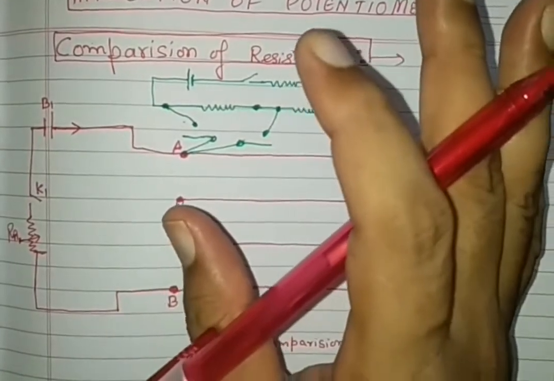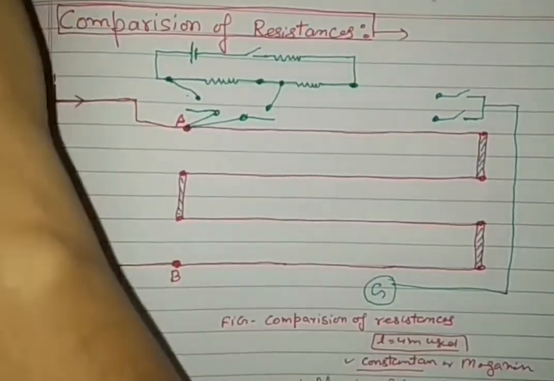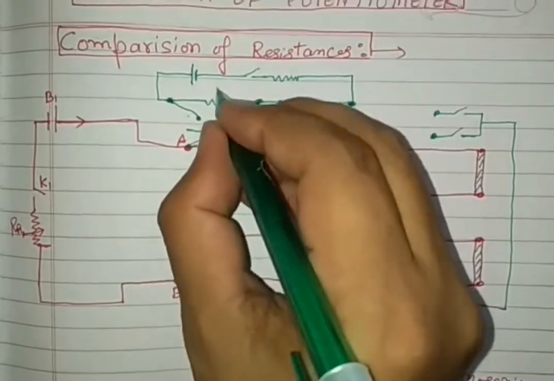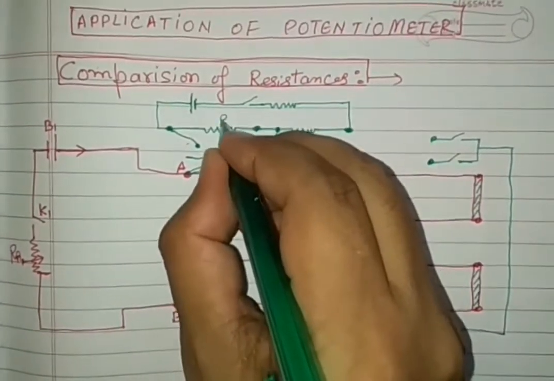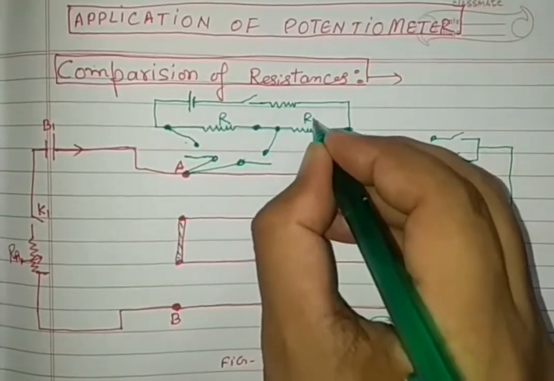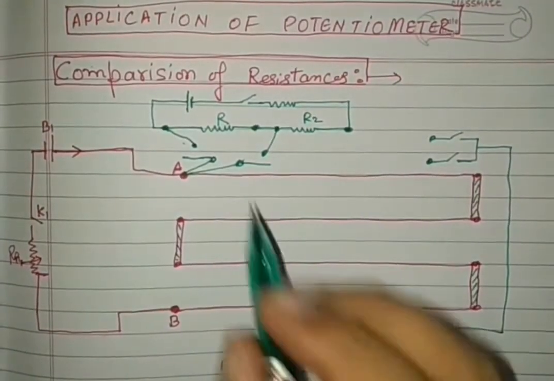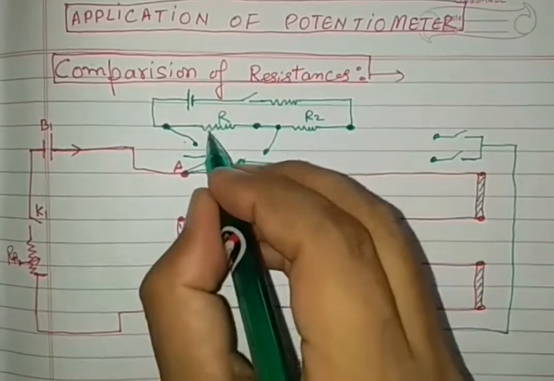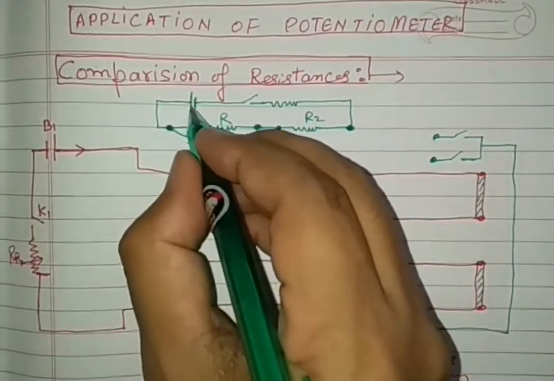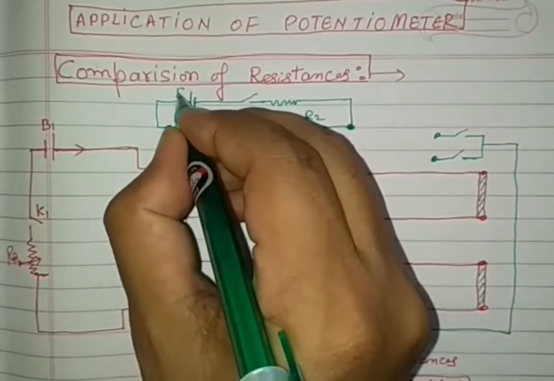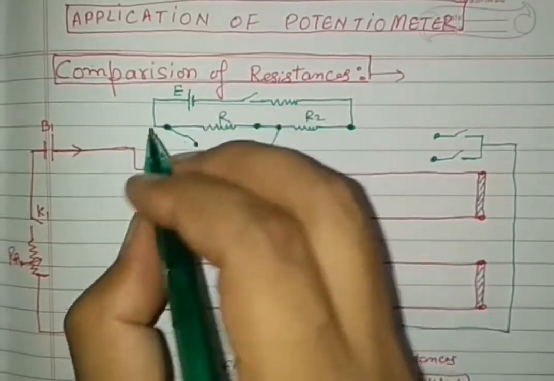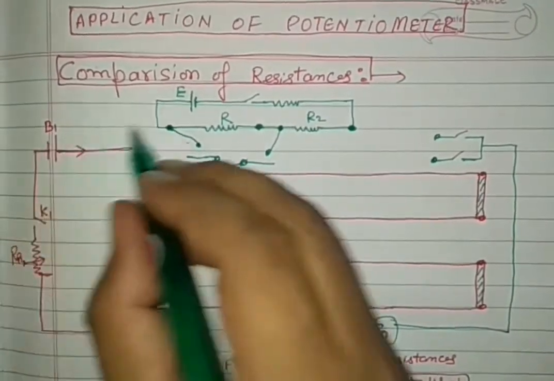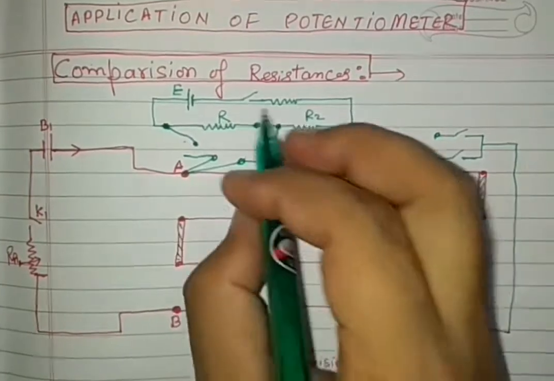See in the green part, two resistances R1 and R2 are connected. These are terminals provided to take a connection. These two terminals are connected with the standard cell whose EMF is E. In the main circuit it was given V1, but here it is E.